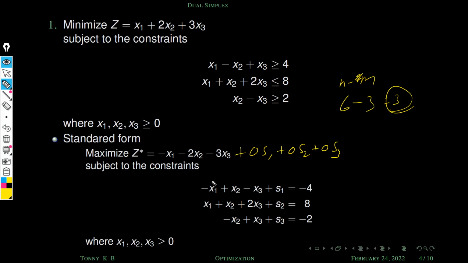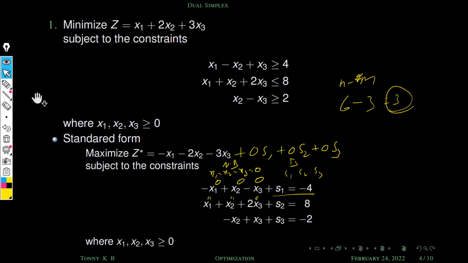Normally we choose the decision variables as non-basic initially. So we choose x1 equal to x2 equal to x3 equal to 0 because they are non-basic. The basics are s1, s2, s3. Then if x1, x2, x3 are 0, s1 equals minus 4, s2 equals 8 and s3 equals minus 2.